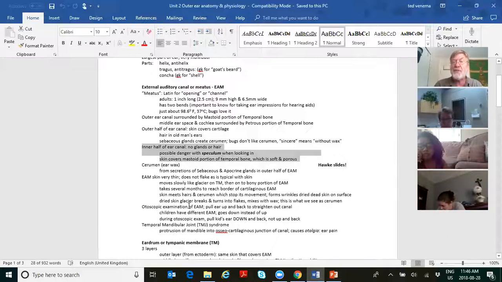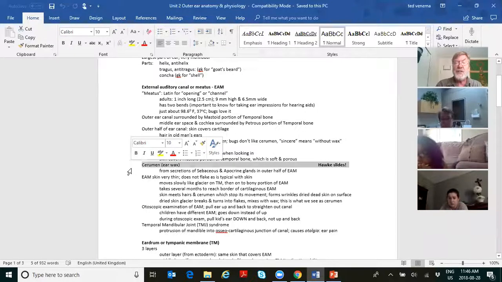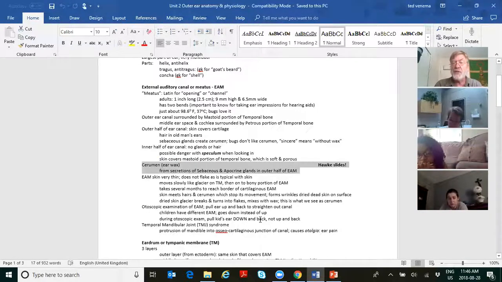Skin covers the mastoid portion of the temporal bone, which is soft and porous. Cerumen, earwax, from secretions of sebaceous and other glands in the outer half of the ear canal. EAM, again, is the short way of saying ear canal, external auditory meatus.